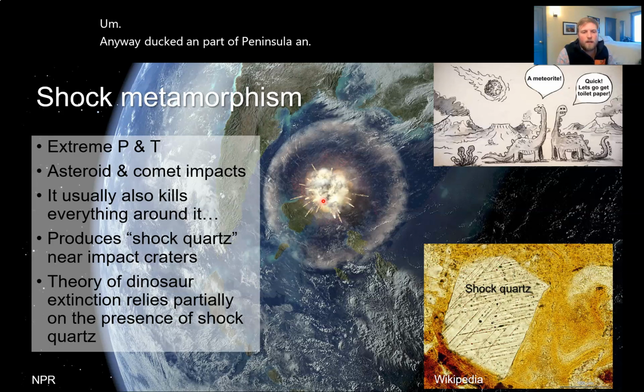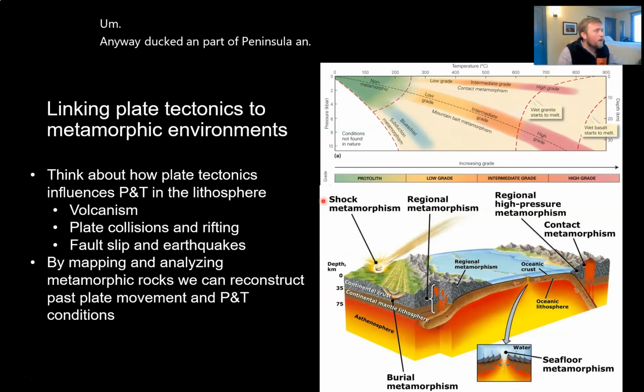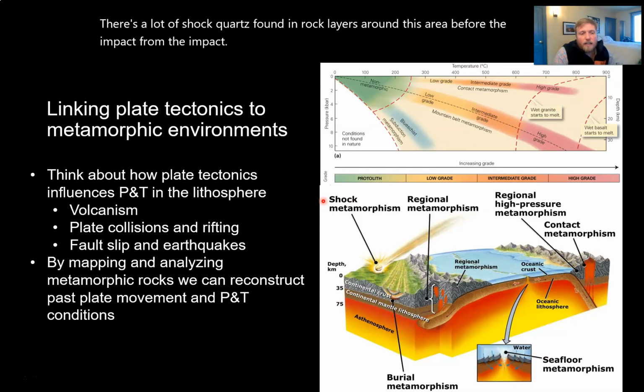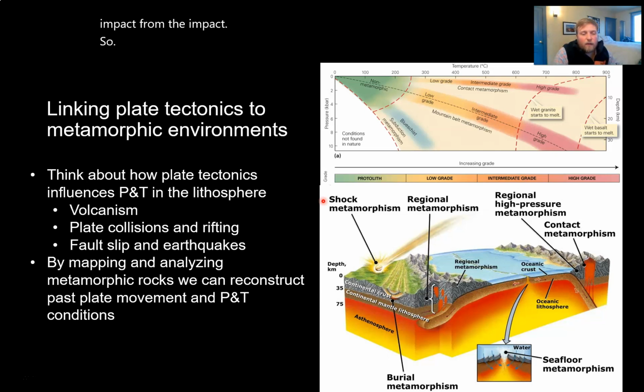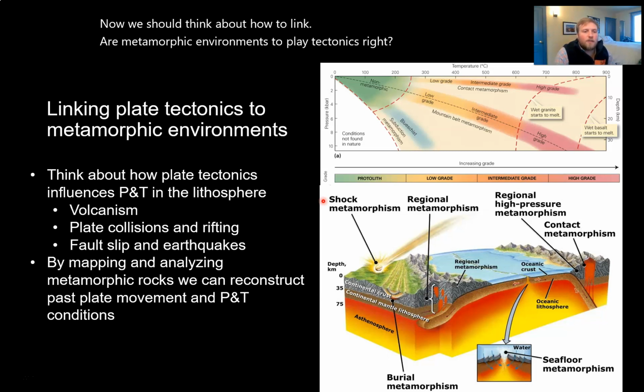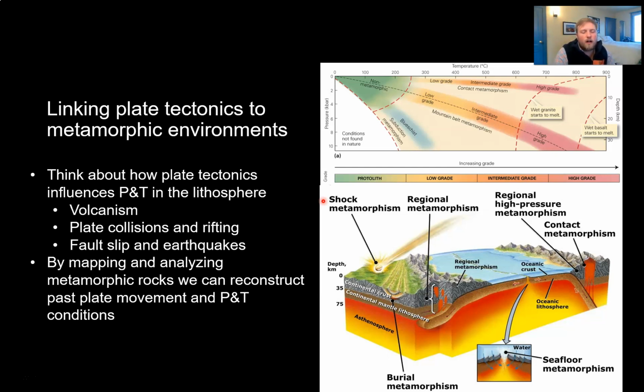Okay, so now we should think about how to link our metamorphic environments to plate tectonics, right? We've thought about how pressure and temperature influence the types of metamorphism that occur, from no metamorphism to low to medium to high grade, right? So we should think about tectonically what could cause these changes in pressure and temperature and their variability, right?